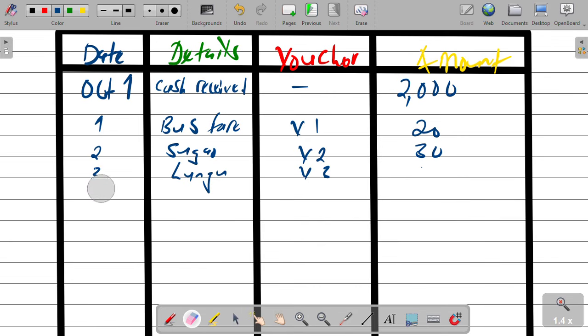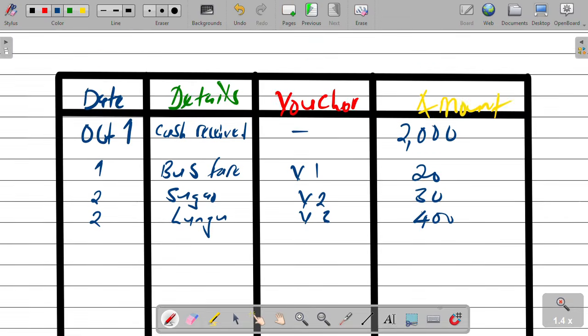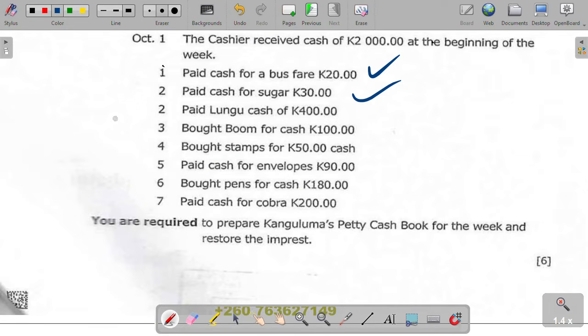The date here should be the second. How much? 400.